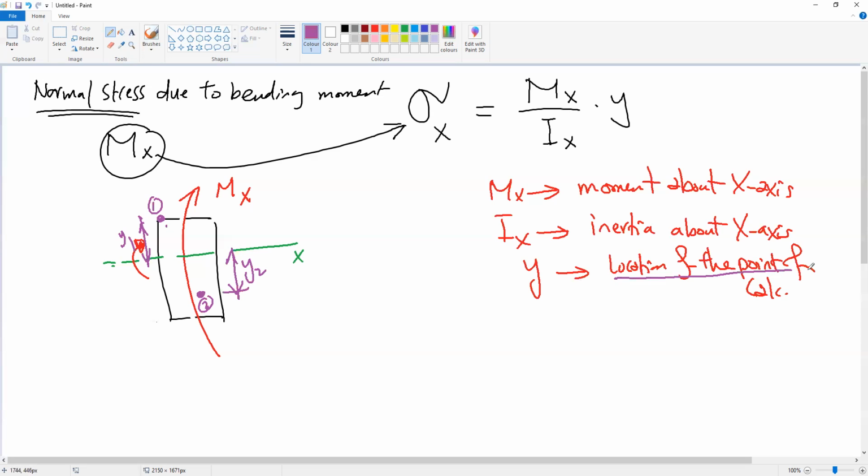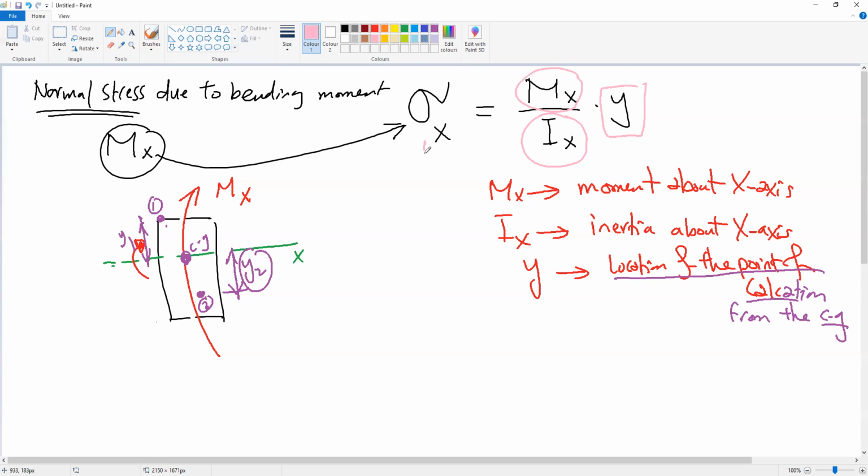So what is y? y is the location of the point of calculation from the centroid. So from the centroid CG to the point, this is y. If you want to calculate the normal stress sigma x, it will be the moment Mx divided by the inertia Ix multiplied by y.